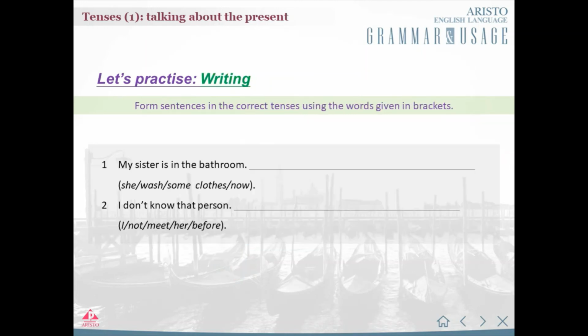Now, let's practice writing. Form sentences in the correct tenses using the words given in brackets.